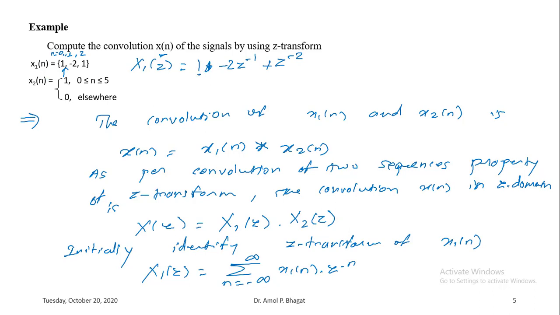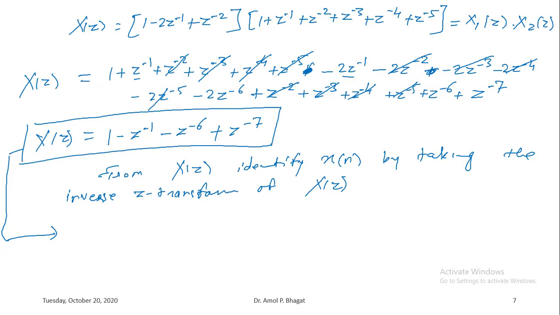At n is equal to 0, the coefficient is 1, at n is equal to 1 it is minus 2, and at n is equal to 2 it is 1. So its inverse z transform will be simply represented as x1 of n: 1, minus 2, 1. So from x1 of z we identified x1 of n by simply writing the coefficients at different values of n.